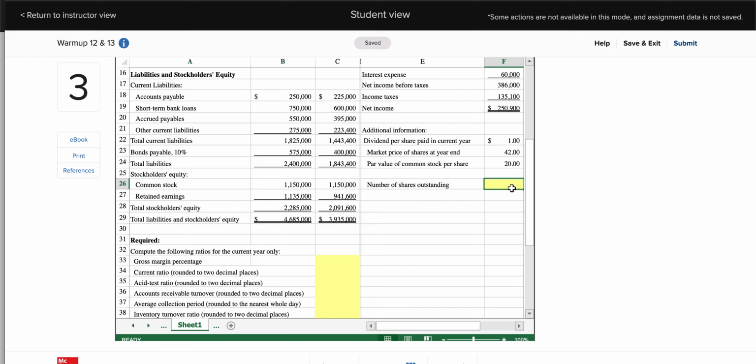And so in this case, we're going to say equal, go get the common stock amount and divide that by the par value. And you will get an indicator here that it is correct.